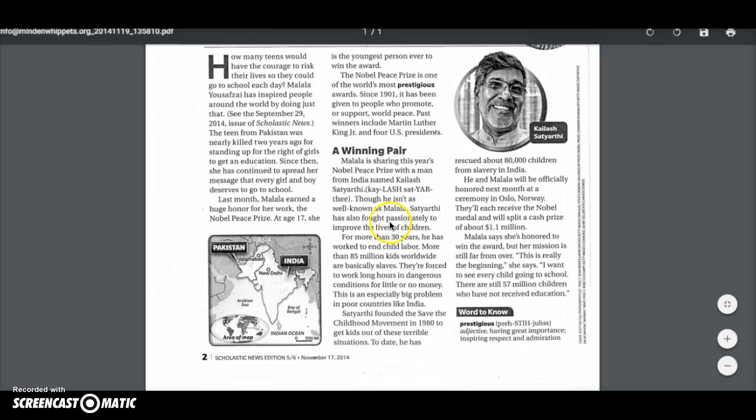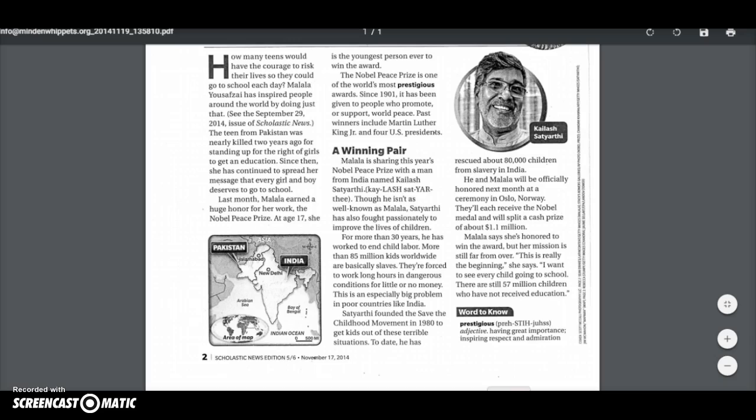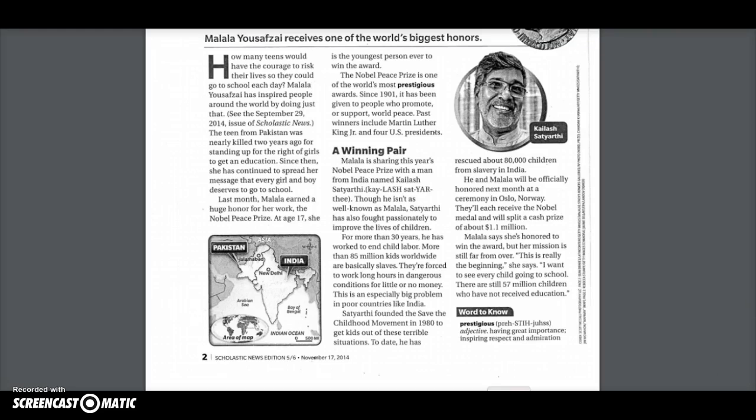And this man talks about what he did that allowed him to get the Nobel Peace Prize as well. But I feel like the whole article isn't focused on this one thing happened, then another thing happened. I still feel like it's more just describing these people who are winning the award. So for now, I don't really feel like it's cause and effect, although I see some cause and effect parts in the article.